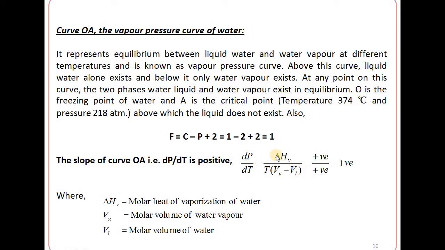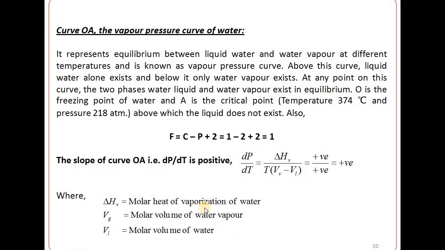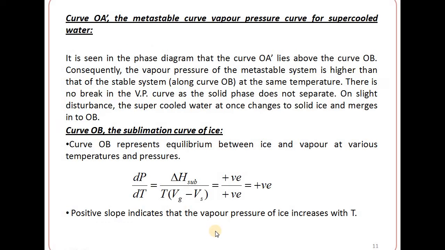So dP by dT will be positive, which suggests that the slope of curve OA will be positive. That's why we get the positive slope of the curve OA. Here ΔHv is the molar latent heat of vaporization, Vg means Vv, the molar volume of water vapor, and Vl is the molar volume of water.